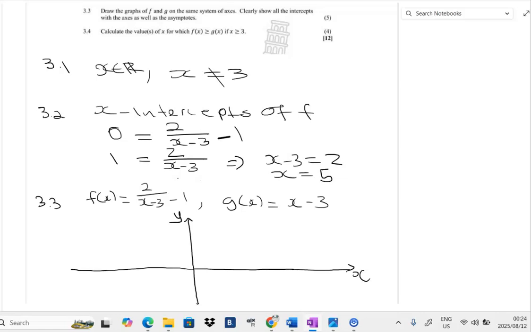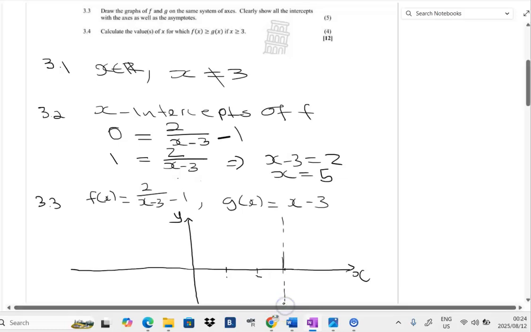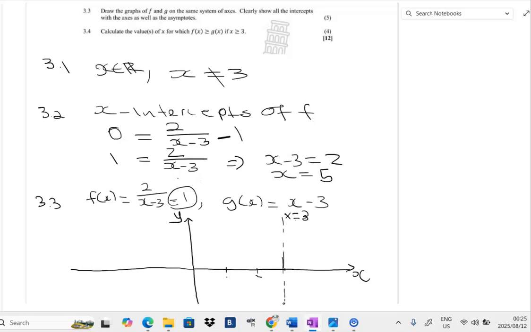We have an asymptote at 3. Let's say here is 1, here is 2, here is 3. Here we're going to have an asymptote, x is equal to 3. We also have an asymptote at y is equal to negative 1, so somewhere around here.